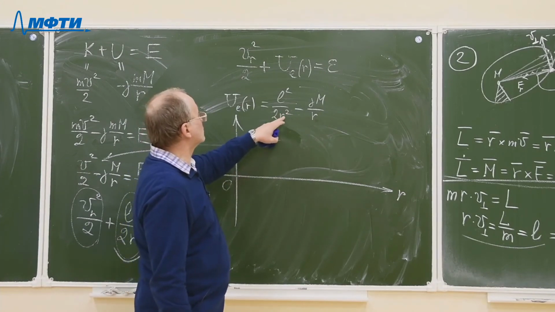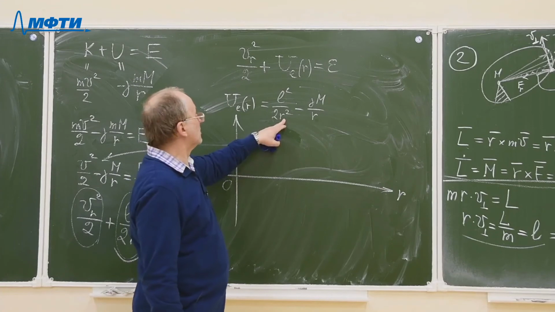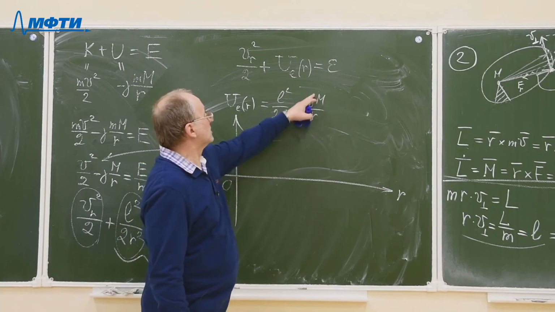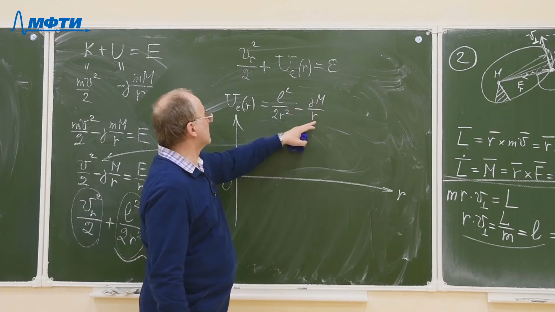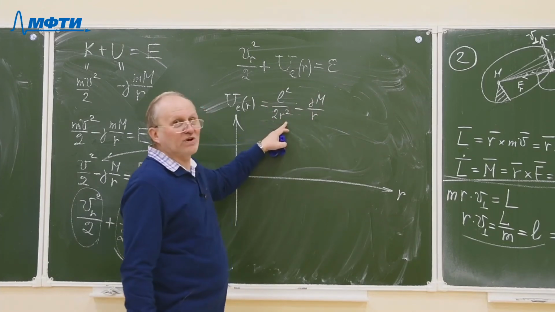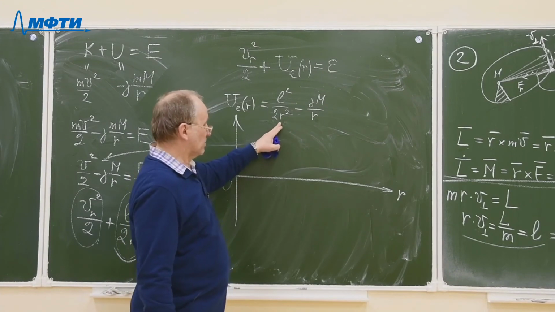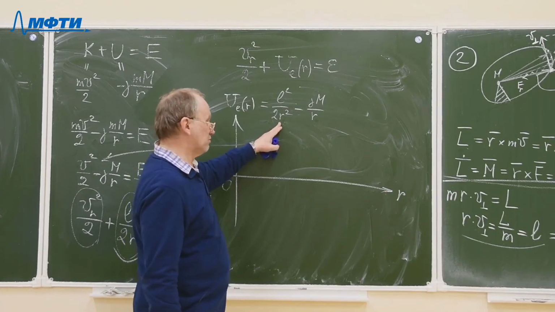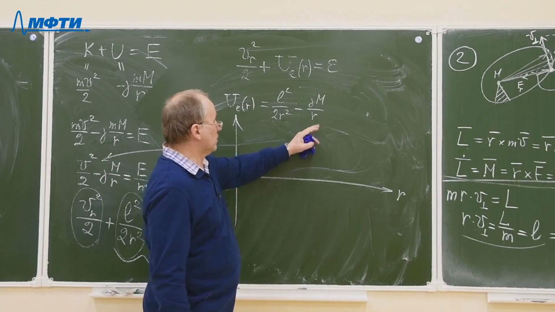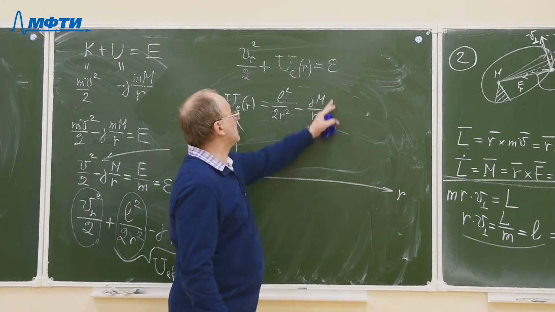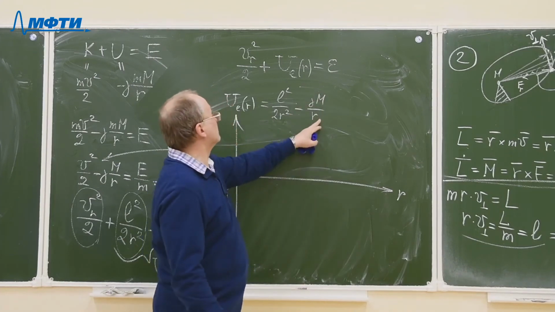So this term will tend to 0 quicker. Because if you increase distance by 1,000 times, this term will become 1,000 times less. But the first term will become 1 million times less. So the first term will vanish much, much quicker than the second term. So if we have large distances, then the second term will prevail in this formula. It will be the main term.